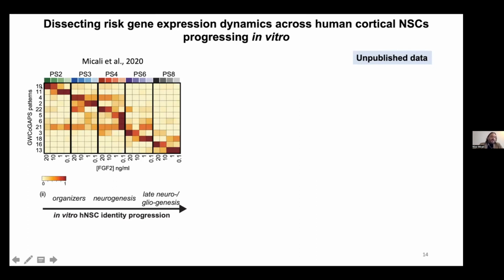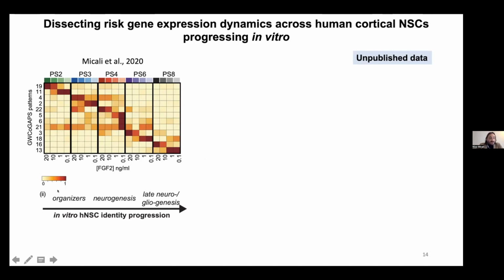So here, these are the COGAPS patterns ordered across the progression of these stem cells. Here you see the COGAPS enriched in genes expressed in the early passages for high and low FGF, and across all the progression.